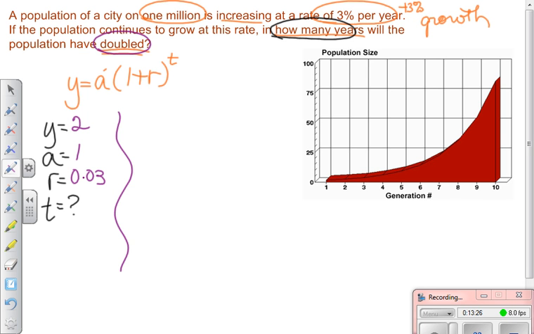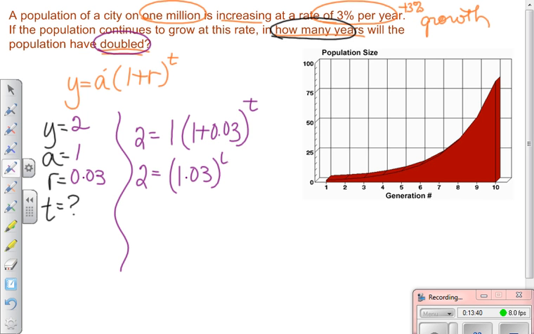Substitute. 2 is equal to 1 times (1 + 0.03) to what I don't know. Since I am dealing with a straight exponent problem, I can go ahead and just take the common log of both sides.